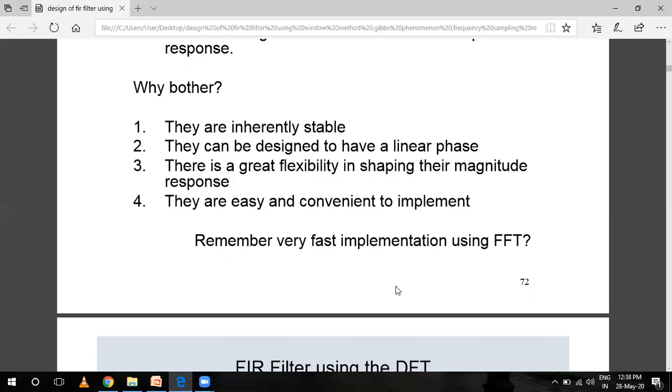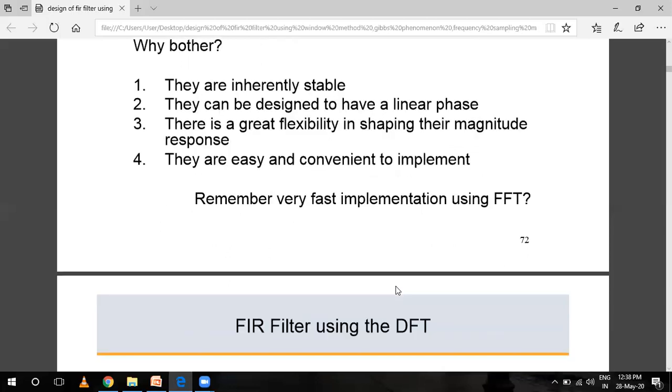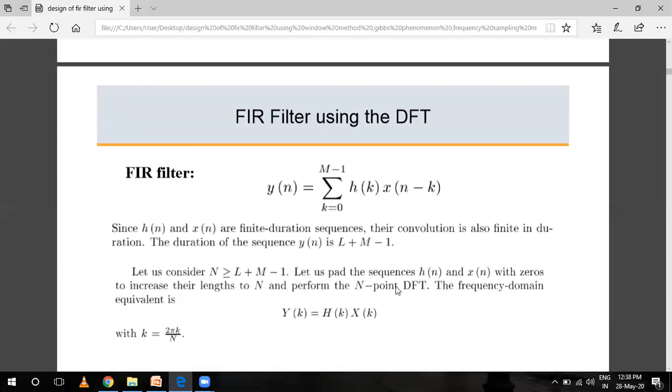I told you in the last video also that FIR filters are stable, linear in phase, and easy and convenient to implement. Fine. For the FIR filter using DFT, we have already studied the discrete Fourier transform in the first unit. y(n) is equal to the summation of k = 0 to M-1 of h(k) x(n-k).